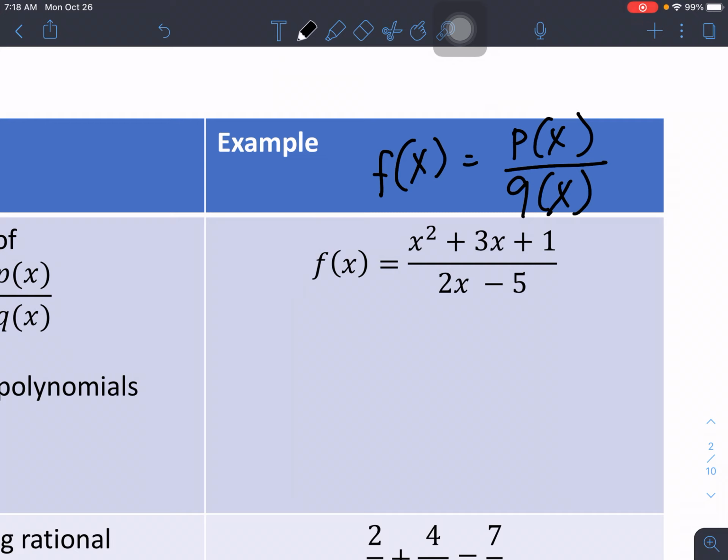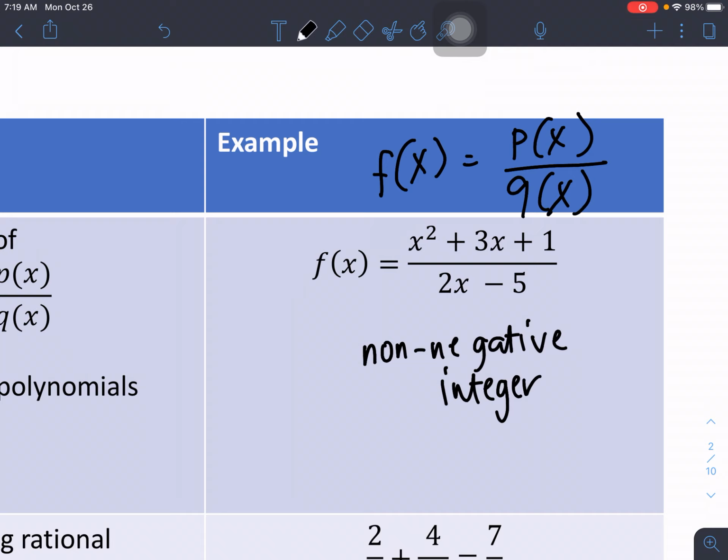We should next identify if p of x and q of x are both polynomials. So we should identify all the exponents of the x variable, and check if all those exponents are non-negative integers.